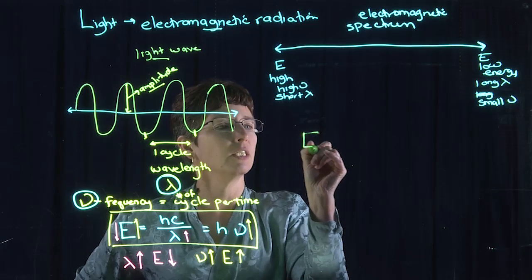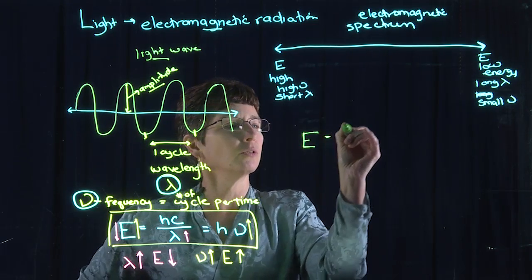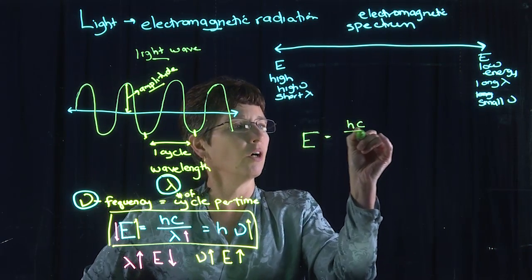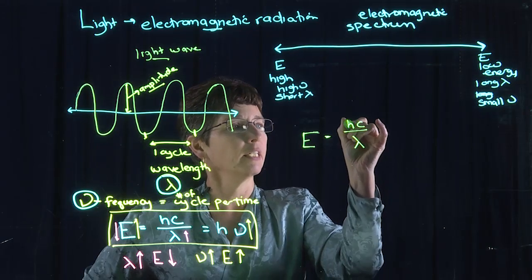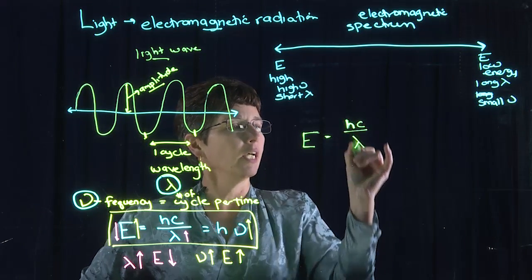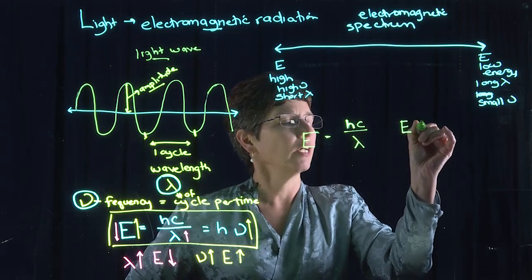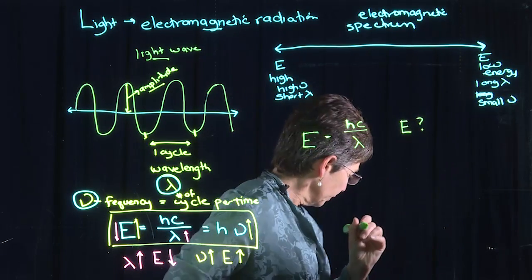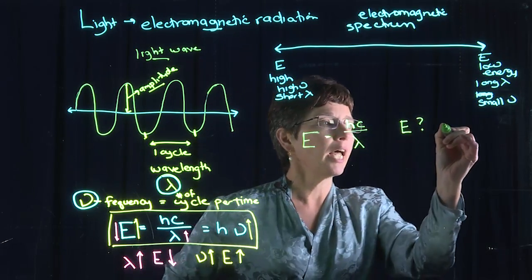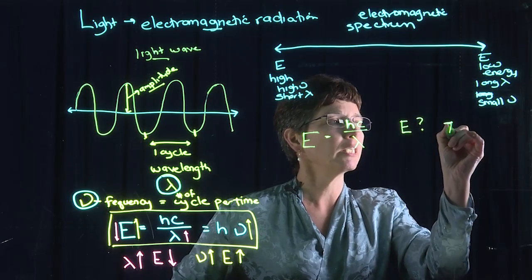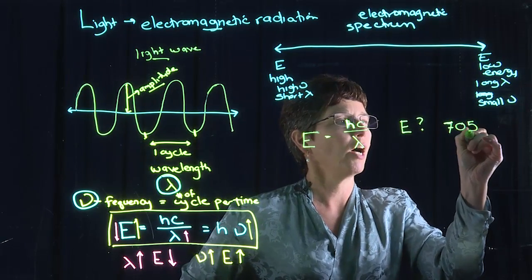If energy is equal to hc over lambda, and again, these are constants, I can ask you, what is the energy of an electron with, let's see, light that emits light at 705 nanometers.